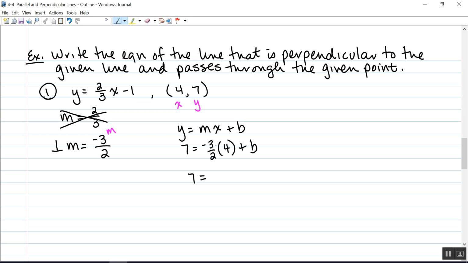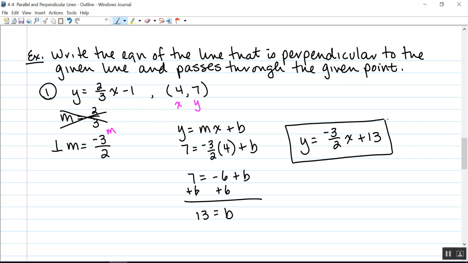So 7 equals -3/2 times 4 gives me a -6 plus b, and solving that for b, I get that b equals 13. So my final answer is y equals, make sure we use the perpendicular slope, -3/2 x plus 13.